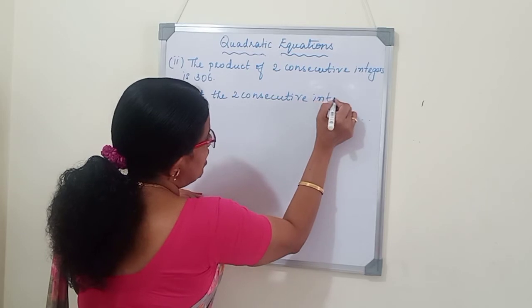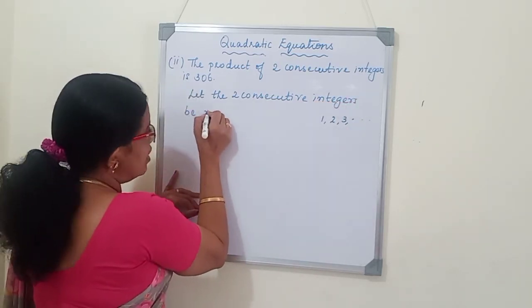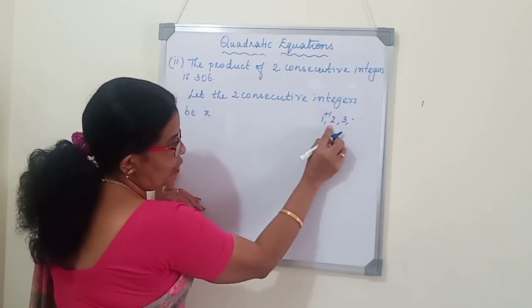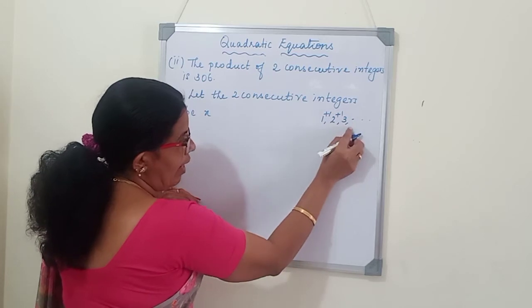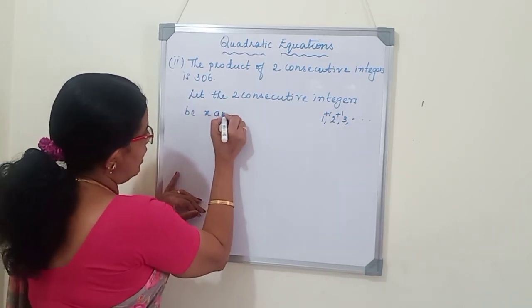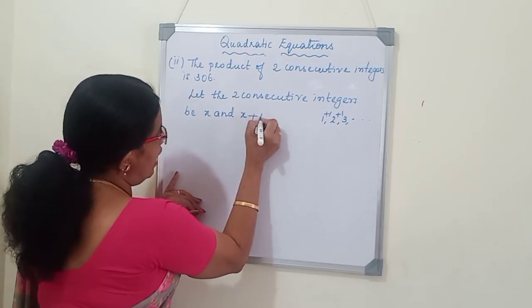First integer is x, what will be the next integer? If first integer is 1, the next integer we get by adding 1. 1 plus 1, 2. To get the next integer, again we add 1. So, if the first integer is x, the next integer is x plus 1. So, the two consecutive integers are x and x plus 1.